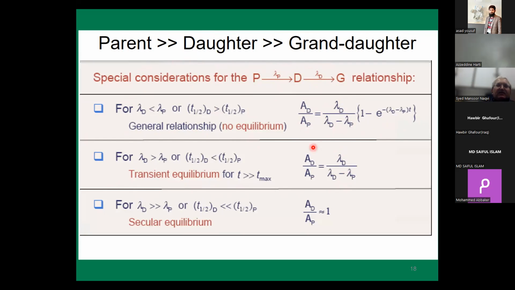For transient equilibrium, you can see this relation, and this can be transformed into half-lives, so rather than the decay constant, you can simply use the half-lives of the daughter and parent in place of these decay constants. And for secular equilibrium, you can see the daughter and parent ratio of decay is almost the same, so it's 1. So these are the ones which we can refer to easily.